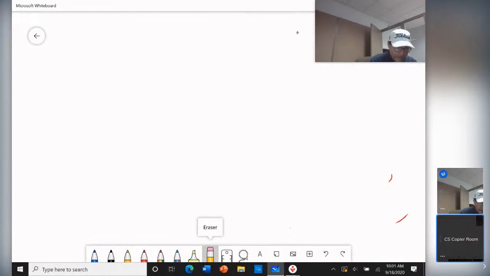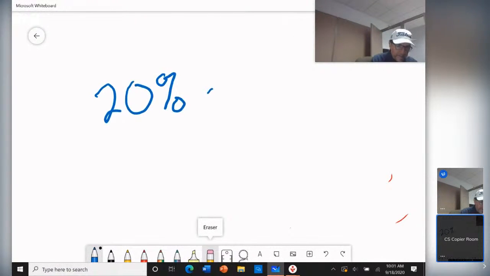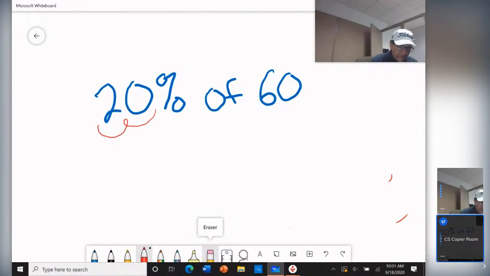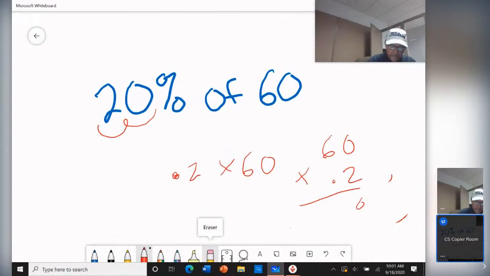Then you add 20% of 60. Once again, we're going to move this decimal point. It's going to be 0.2 times 60. 60 times 0.2, 12.0, which is 12.